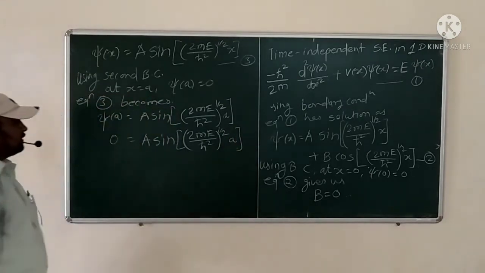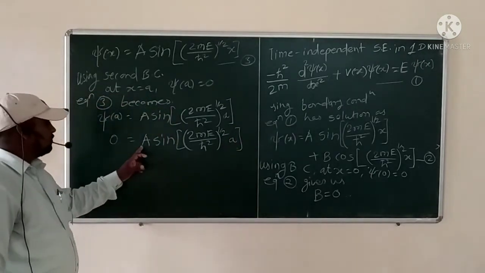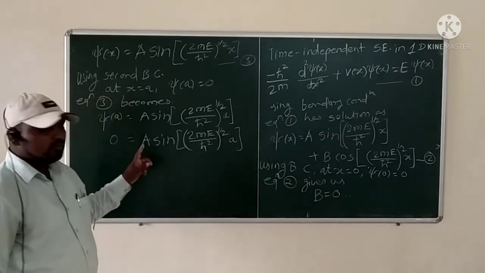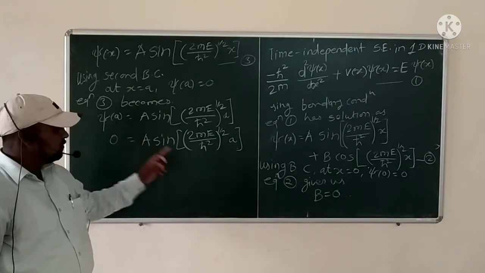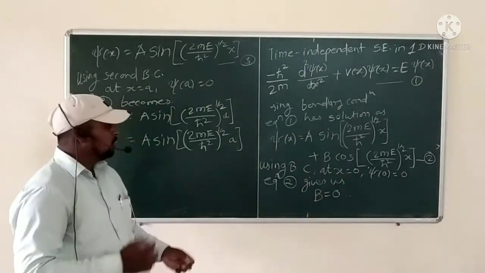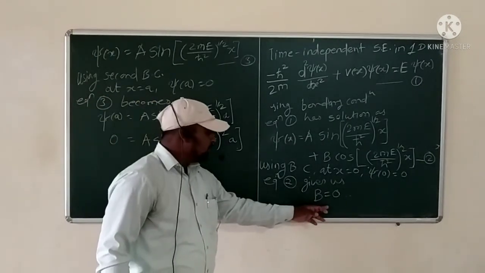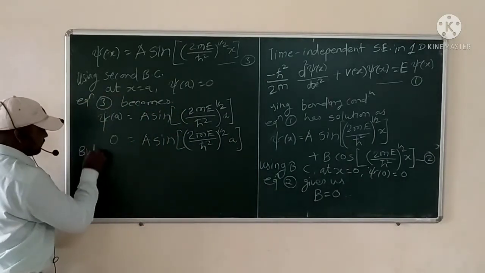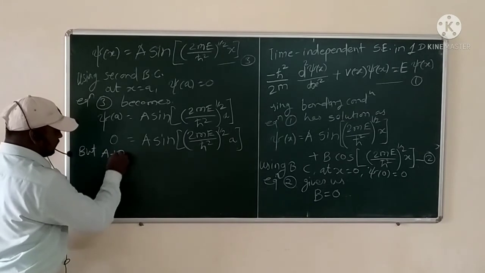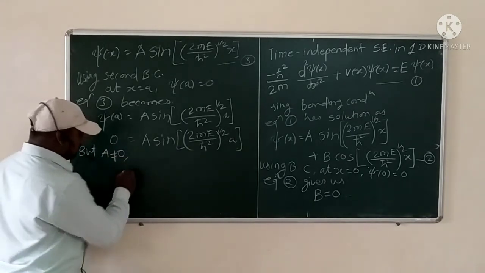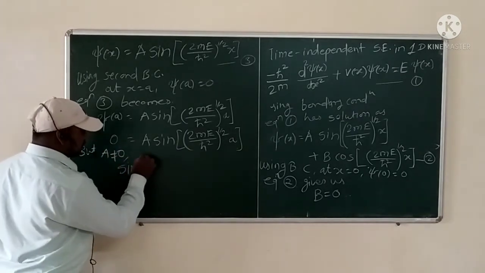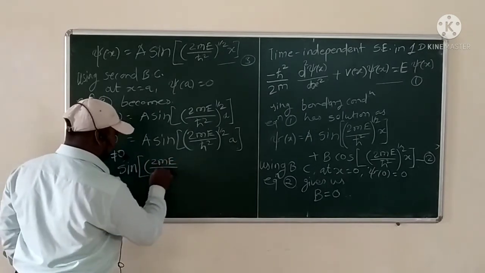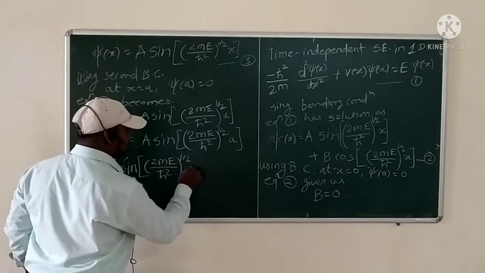As you can see, with the constants A and B, if B is 0, A is not equal to 0, and for this case we got that B is equal to 0, but A cannot be 0.